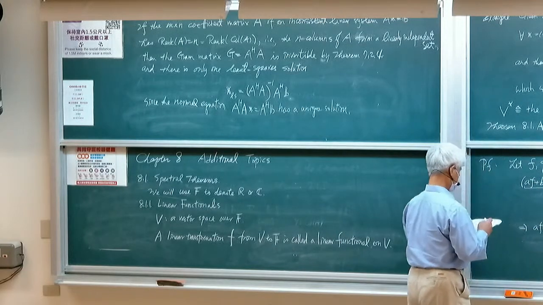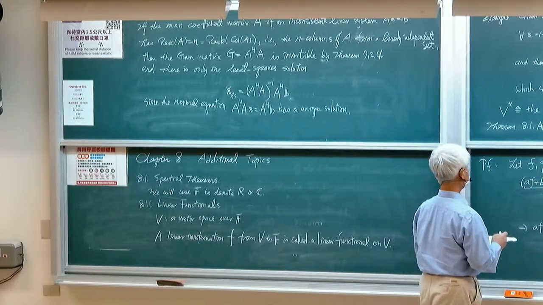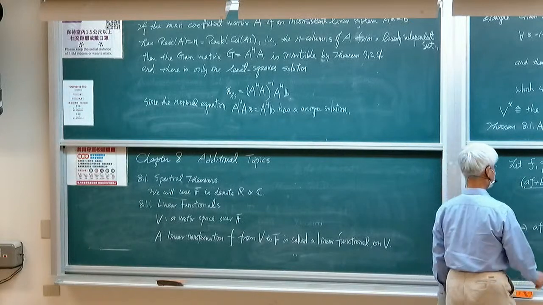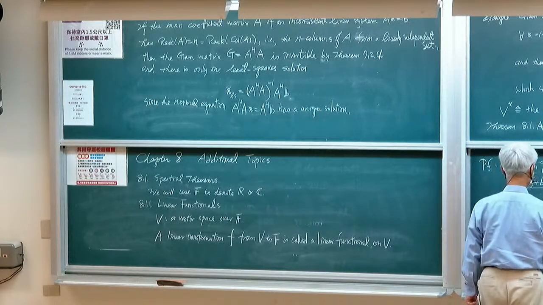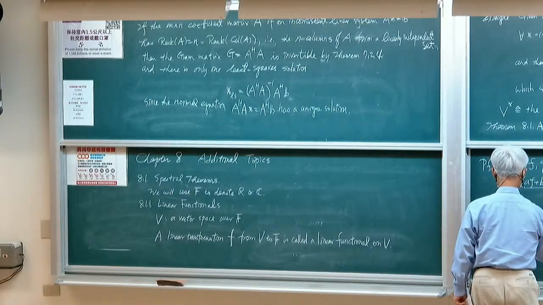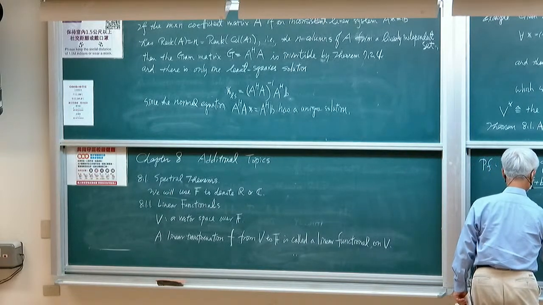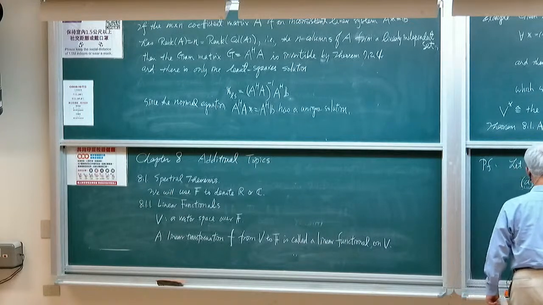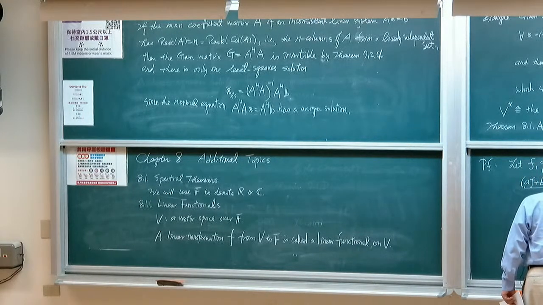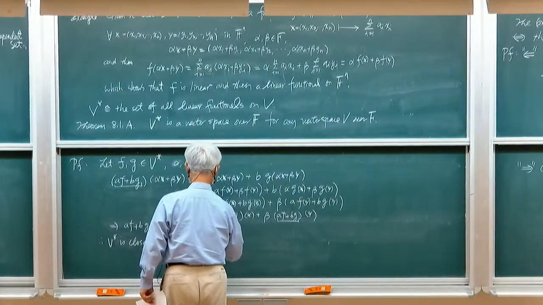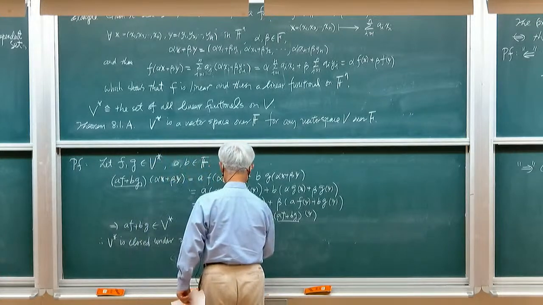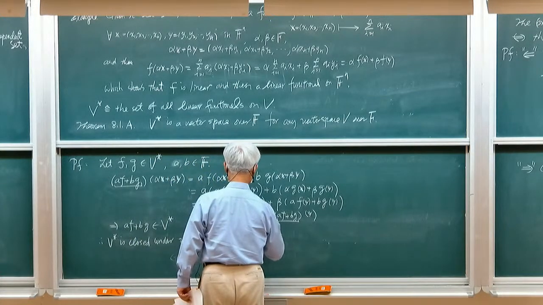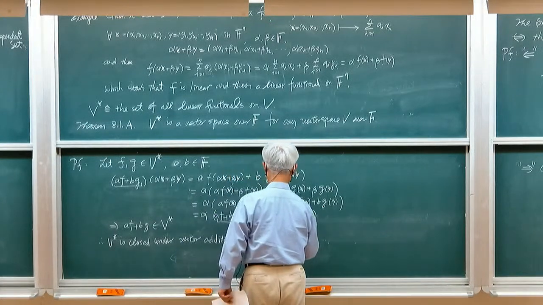And of course you can check that V star is closed under vector addition and scalar multiplication.